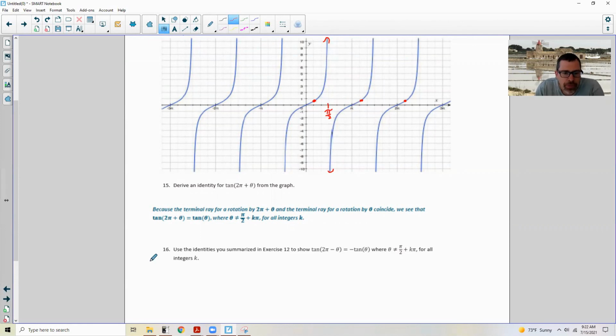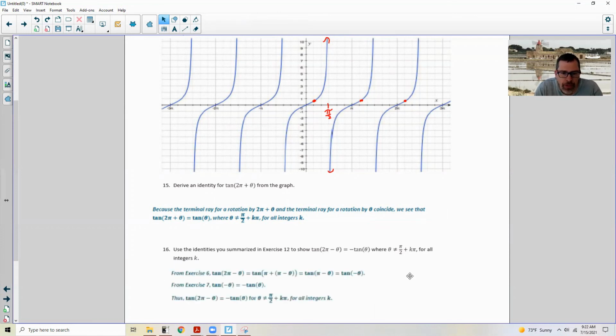Number 16, use the identities you summarized in exercise 12 to show that the tangent of 2 pi minus theta equals the negative of tangent of theta, where theta does not equal pi over 2 plus some constant times pi for all integers k. Okay, well, from exercise 6, instead of going back and getting them, I brought them all together.